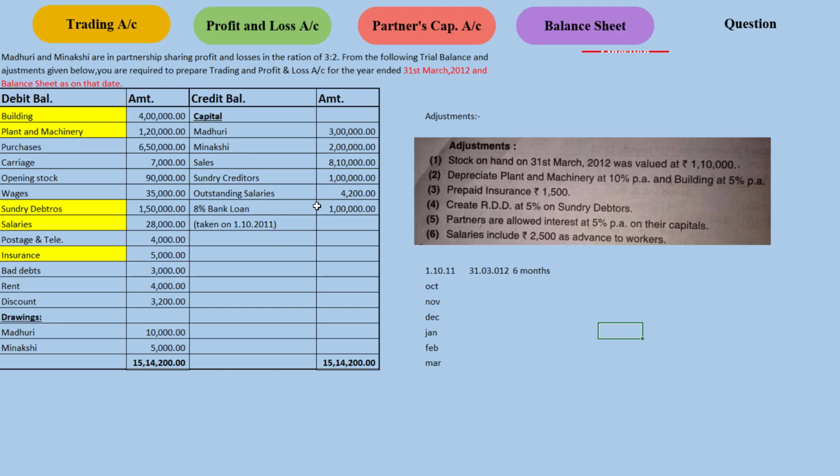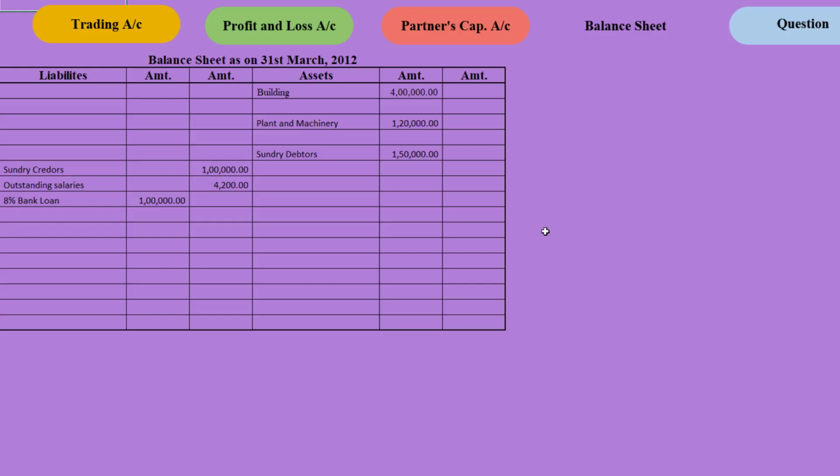How to count interest on 6 months? Interest for 6 months on 1 lakh. Let's see. Write amount 1 lakh into 8 upon 100, because 8% is the rate of interest and we need interest for 6 months only.